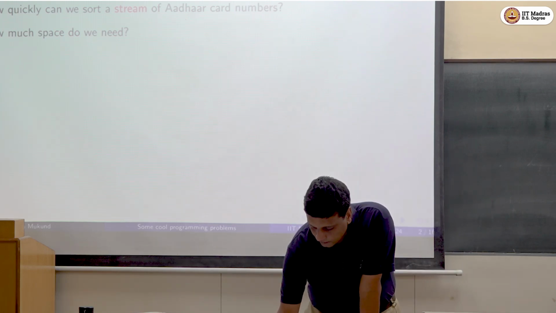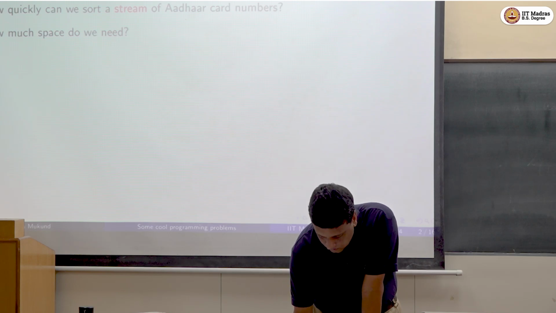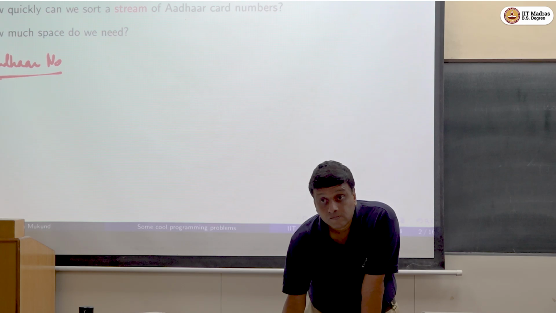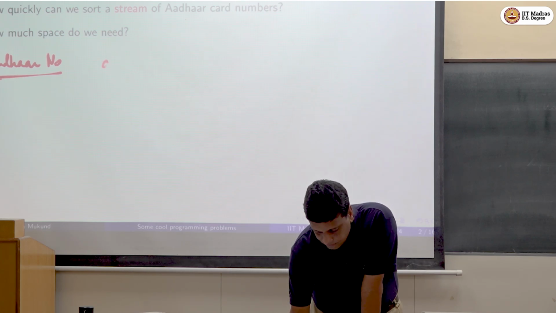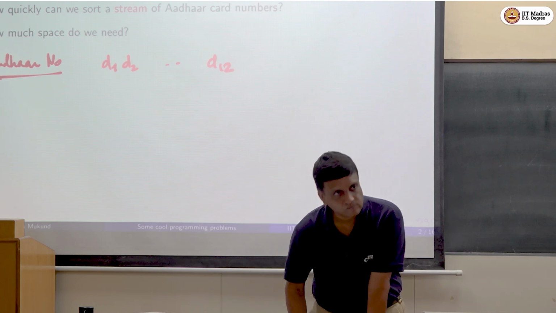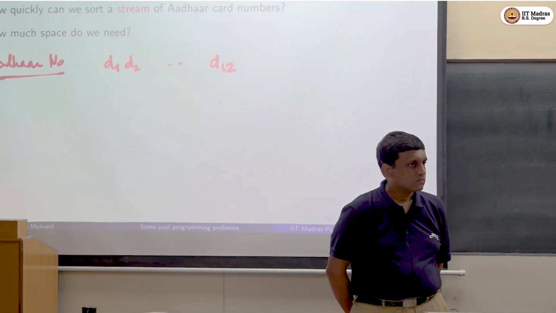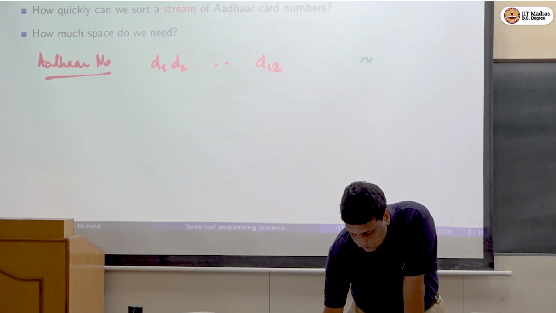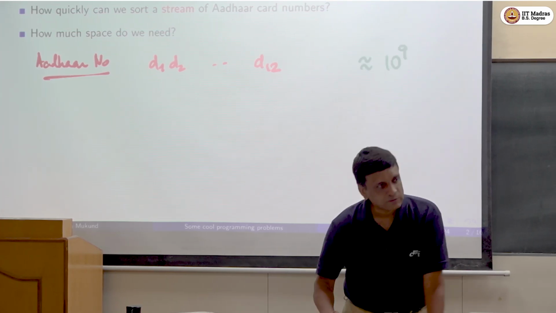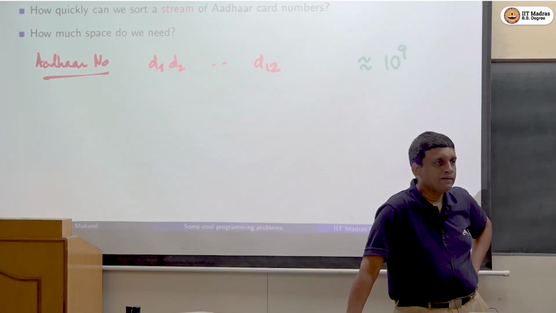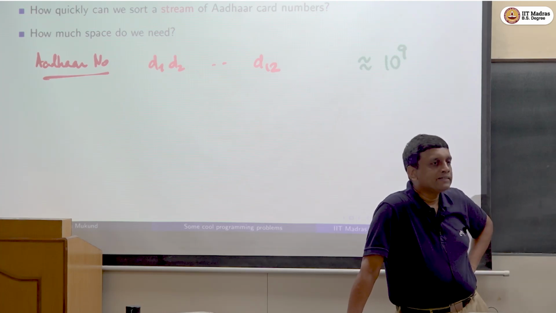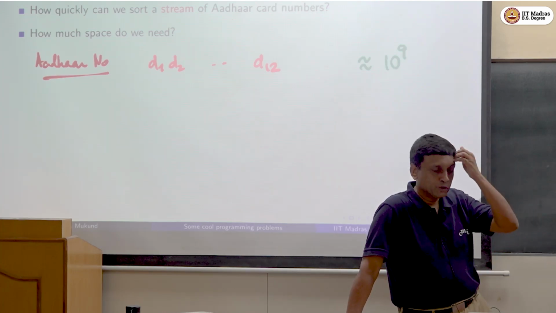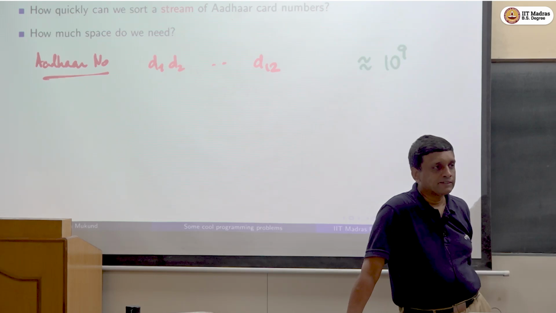So what does an Aadhaar number look like? Twelve digits, right? We know that there are this many Aadhaar numbers roughly in existence, but imagining that, as we always should, this is not the situation forever.